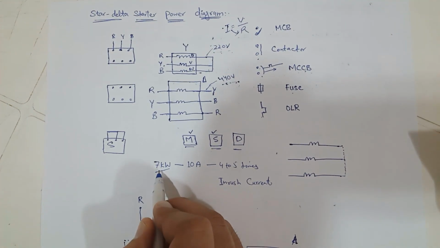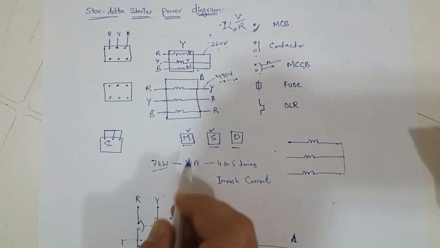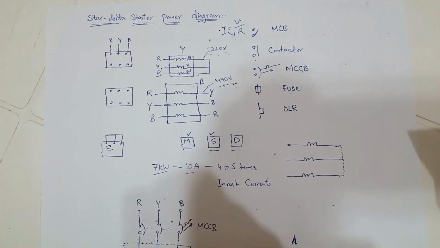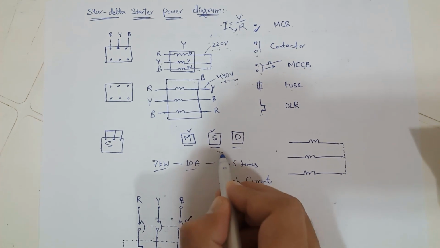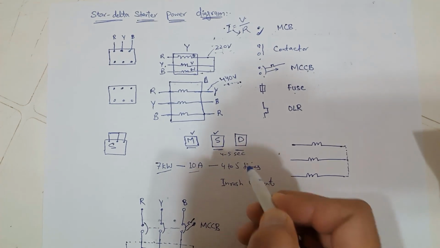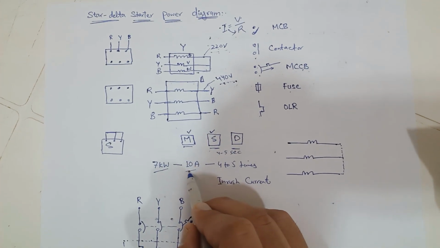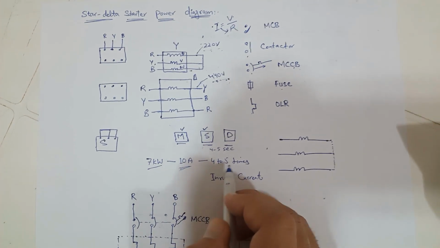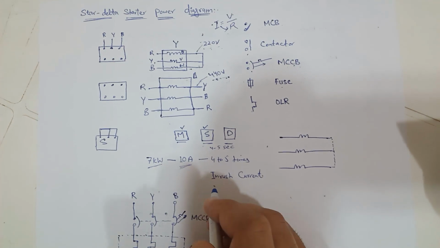For example, we have a 7 kilowatt motor and the motor draws 10 ampere. At start, for 4 to 5 seconds, it will draw 4 to 5 times the rated current. The rated current is 10 ampere, so 4 to 5 times becomes 40 to 50 ampere.